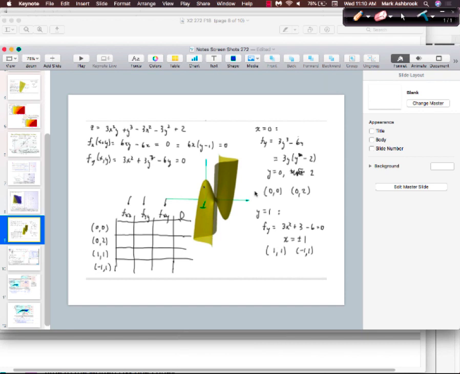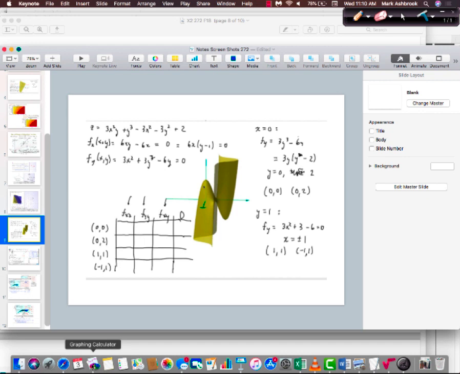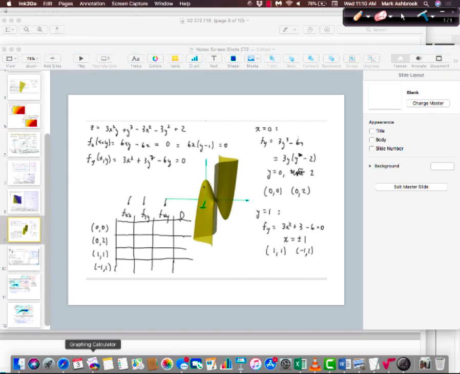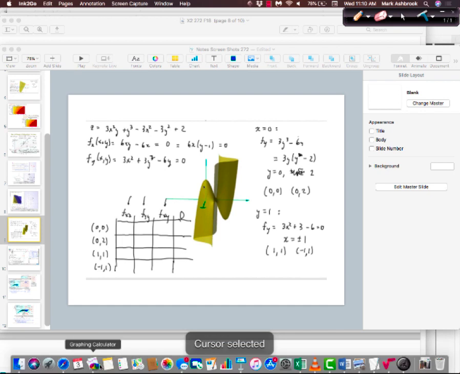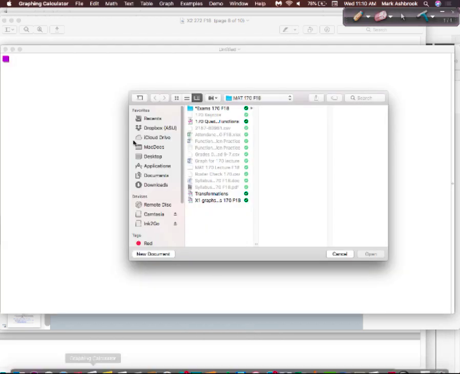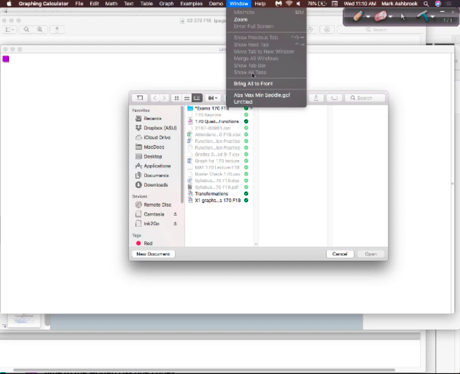So let's keep looking at that example. I want to add a new part to it.